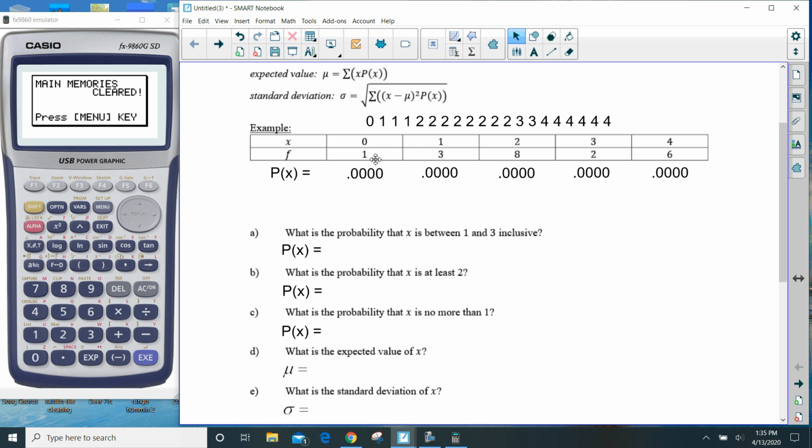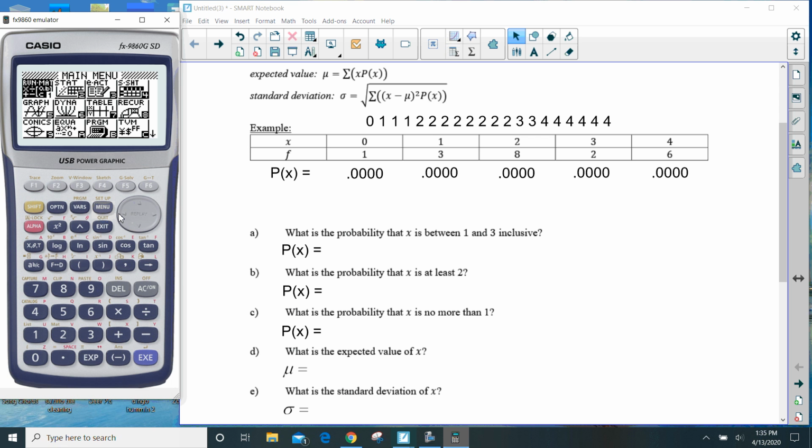For instance, to find the probability of zeros, it'd be 1 out of however many total numbers there are. You can do this one of a couple different ways. One way is to set up your calculator. I'm going to set up 0, 1, 2, 3, and 4 with the corresponding frequencies of 1, 3, 8, 2, 6.